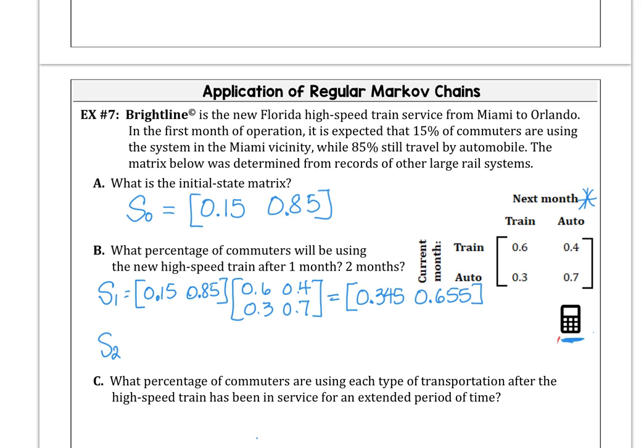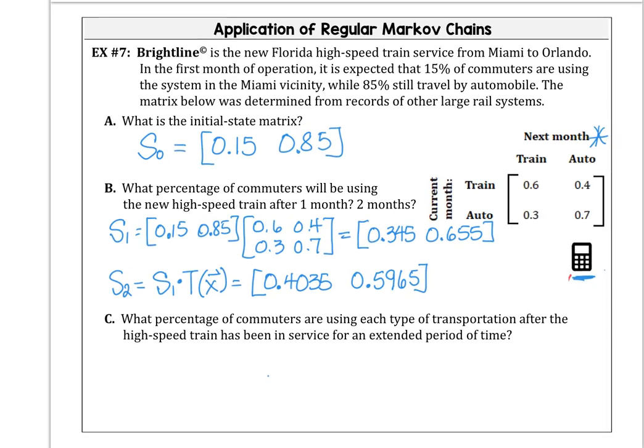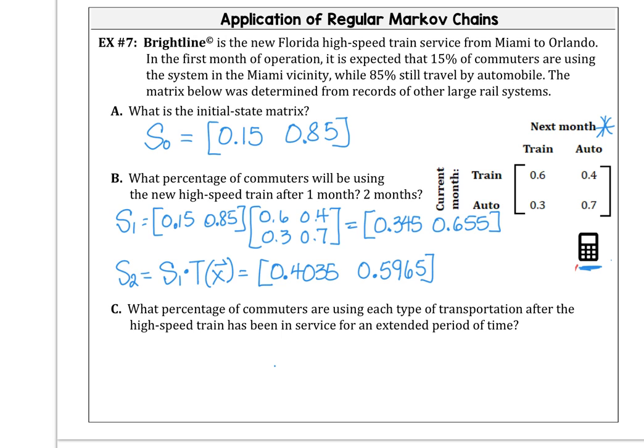In the second month, we're finding S sub 1 times the transformation of X bar, which turns out to be 0.4035 and 0.5965. So in the first month, we have 34.5%, and then after 2 months, we have 40.35%.